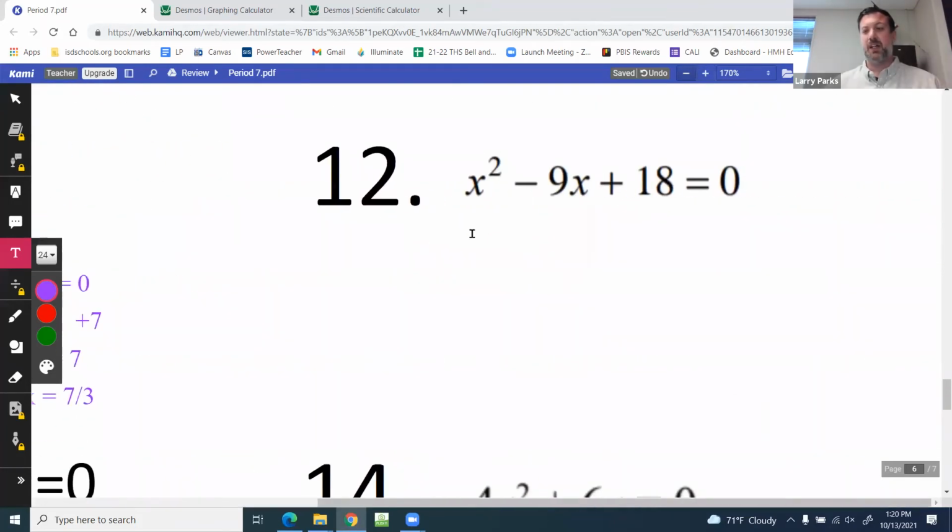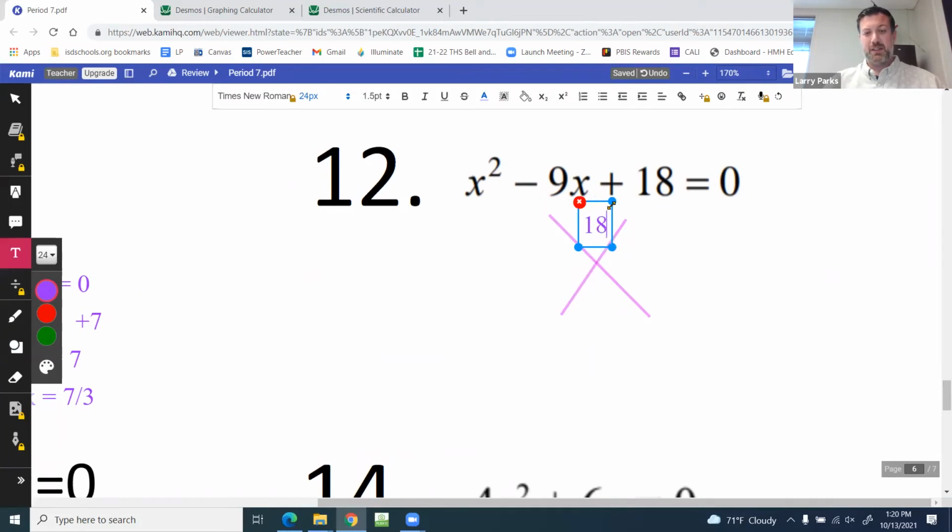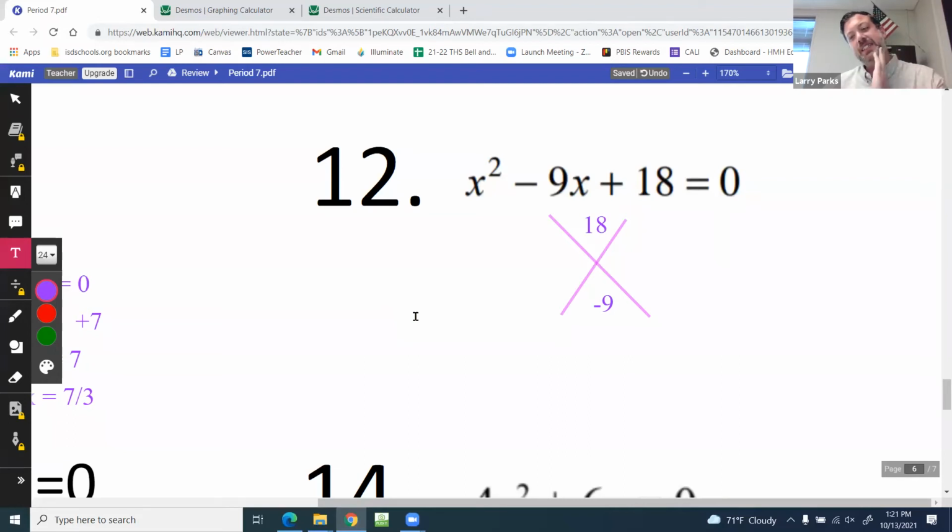Number 12. Oh, those are so easy. Because you just put the 18 on top, the negative 9 on bottom, small numbers, multiply to 18, add to negative 9. Let's see, 2 times 9 is 18. That's not going to work. 3 times 6 is 18.